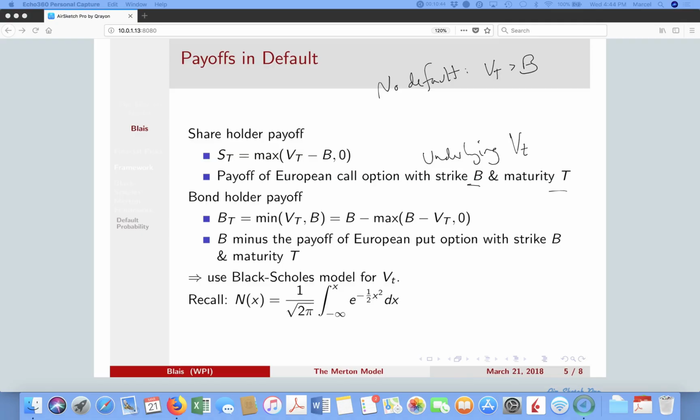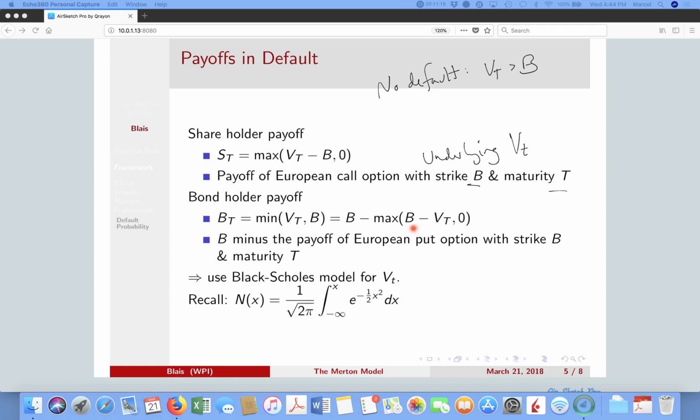We can then rewrite that in this way, and this is something that you can quickly check. You can just check that in each case this right-hand side here is actually equal to the minimum of the two. So think of it this way. If B minus V_T is positive, then that's the bigger. So that's the result of this maximum. And that, of course, would be the case if B minus V_T is positive.